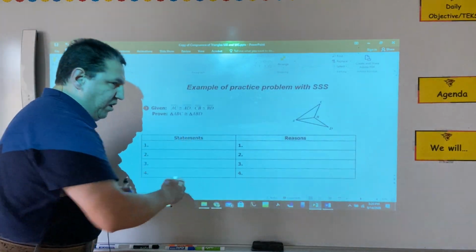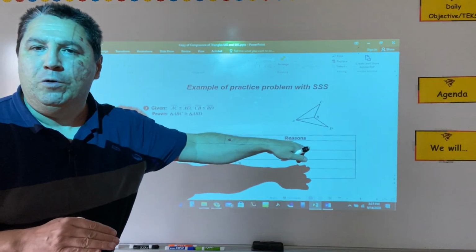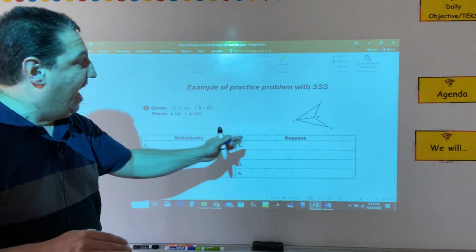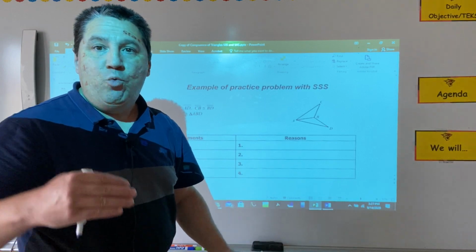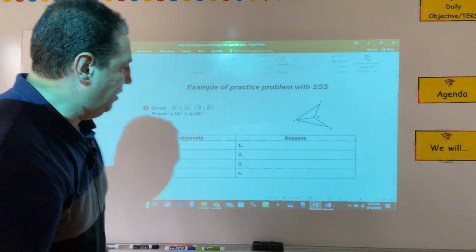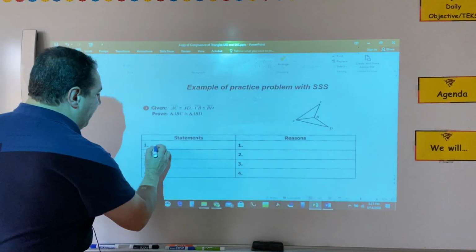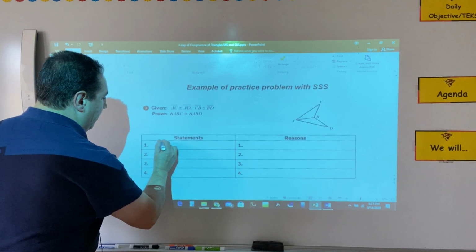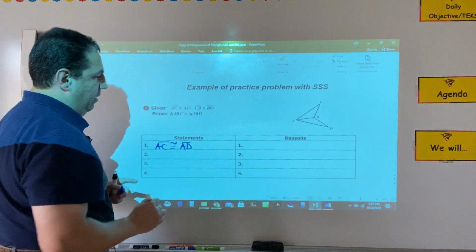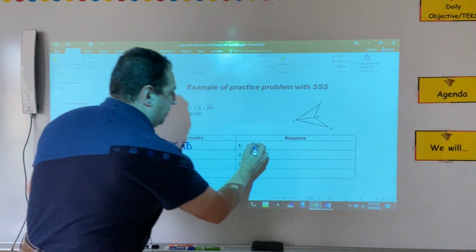On the left column, we write the steps needed to prove these two triangles are congruent. On the right column, we write the reasons that justify each step. On the first step, we say AC congruent to AD. As a reason, simply, given.